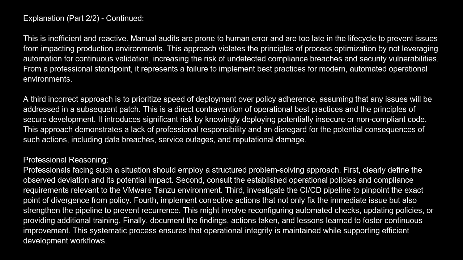Fourth, implement corrective actions that not only fix the immediate issue but also strengthen the pipeline to prevent recurrence. This might involve reconfiguring automated checks, updating policies, or providing additional training. Finally, document the findings, actions taken, and lessons learned to foster continuous improvement. This systematic process ensures that operational integrity is maintained while supporting efficient development workflows.